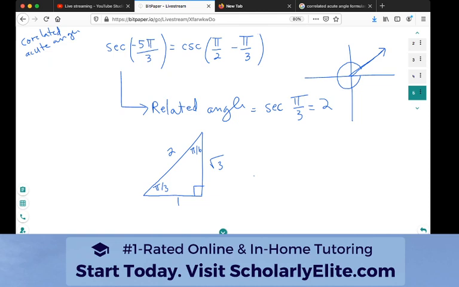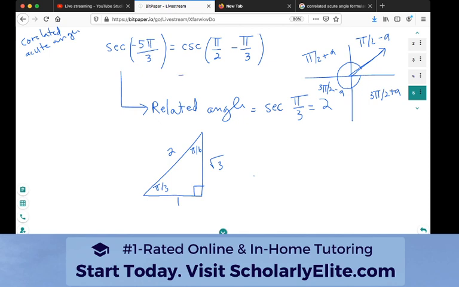So in the first quadrant, it's pi by 2 minus a. Here it's pi by 2 plus a. Here it is 3 pi by 2 minus a. And here it's 3 pi by 2 plus a, which makes sense because here you're basically saying 90 minus a. Here you're saying 90 plus a. Here you're saying 270 minus a. And here you're saying 270 plus a.